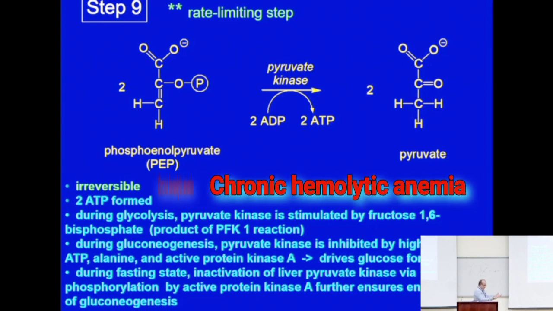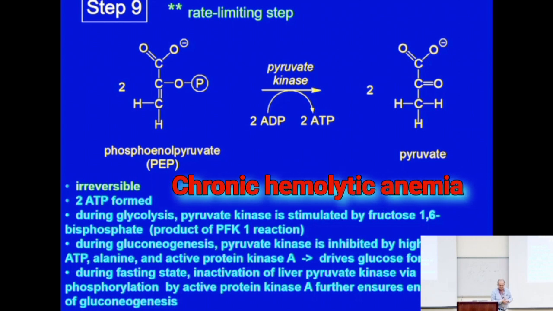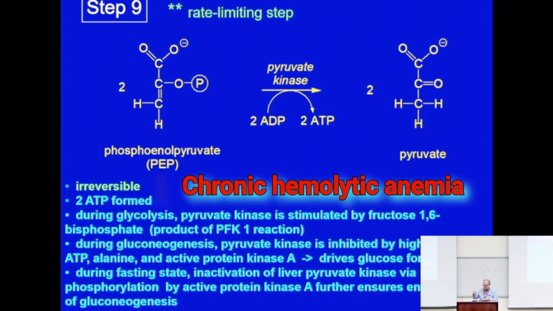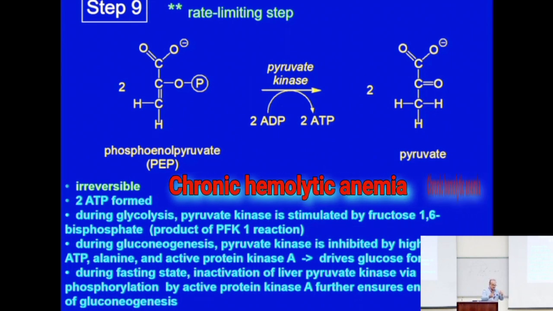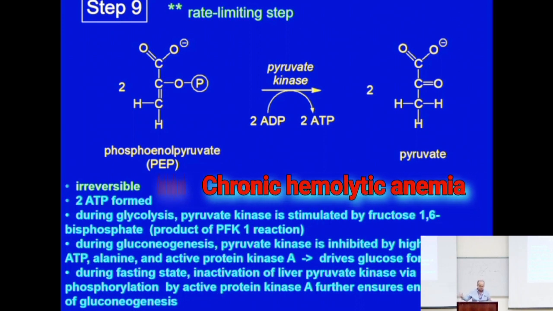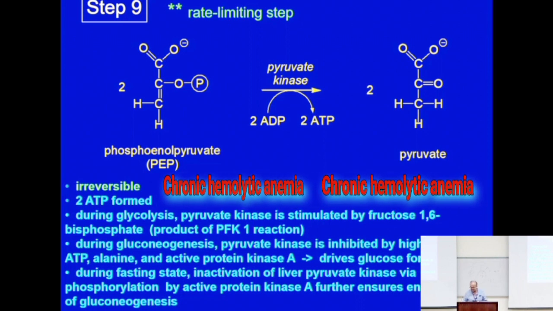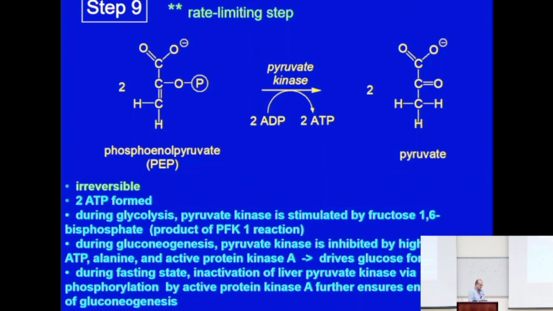If red blood cells aren't able to maintain themselves through their proper energy output, they start getting leaky and they can't pump ions in and out and things like that. And when they do that, the immune system sees that there's something wrong with them and it attacks them. So they actually undergo hemolysis. So basically, that's why you get chronic hemolytic anemia.